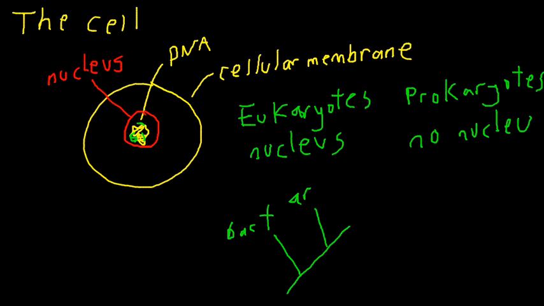Then archaea, and then eukaryotes. So this means that archaea are actually more closely related to eukaryotes than bacteria, but because both archaea and bacteria lack a nucleus, they are both considered prokaryotes.